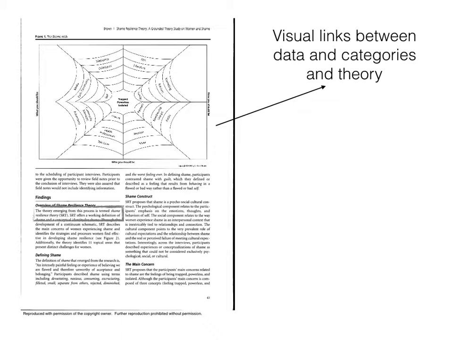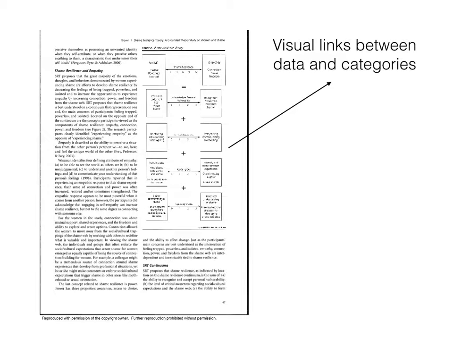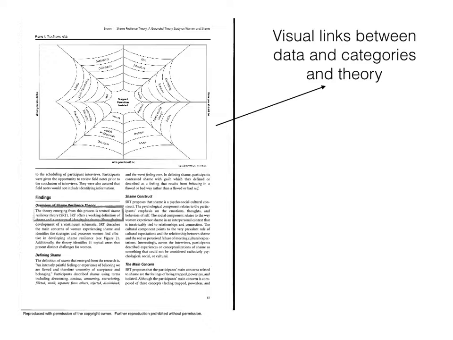One thing that is a requirement is a visual link between data and categories and theory. And here on this page and on this page, you can see that there's a clear visual of what the data looks like, so the reader can conceptualize it a little bit. Here are clear categories: being trapped, being powerless, being isolated, that Dr. Brown identifies.